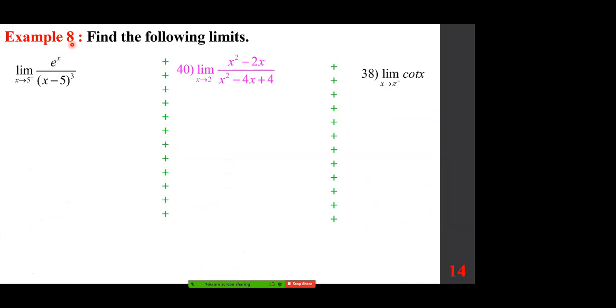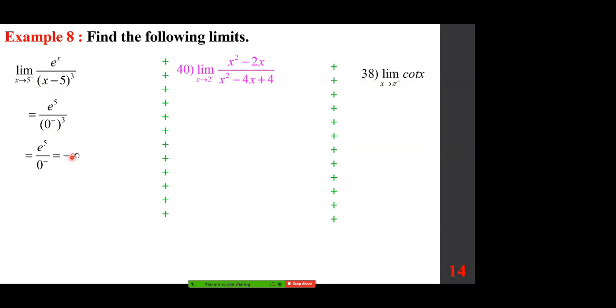Whether 5 from the left, it's e to the power of 4.9, or from the right, 5.1, the top is almost the same. It is the bottom, which is 0, and I hope you realize 0 from the left. Why is that? Again, 5 from the left, like 4.9 minus 5 is negative. When you cube that, it is still negative. So the answer is negative infinity.